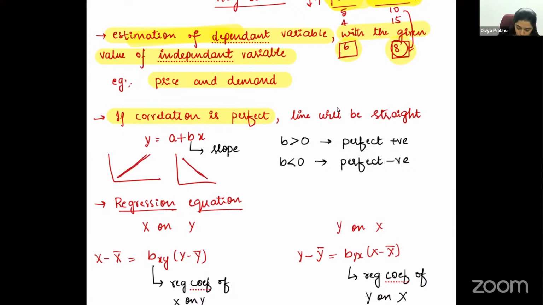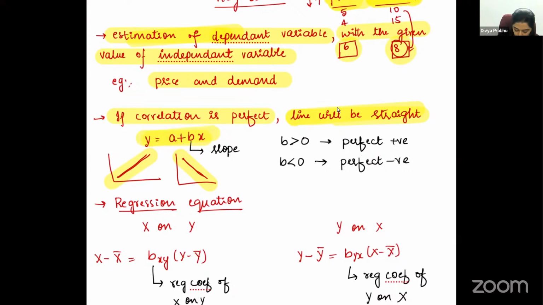Whenever there is a straight line, understand there will always be a linear equation behind that line. The linear equation is y is equal to a plus bx. This is the standard format of a linear equation.